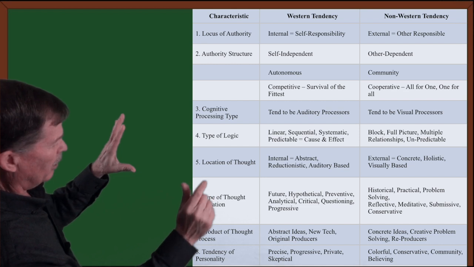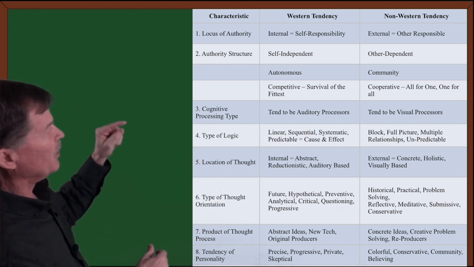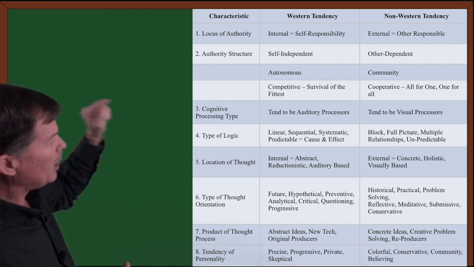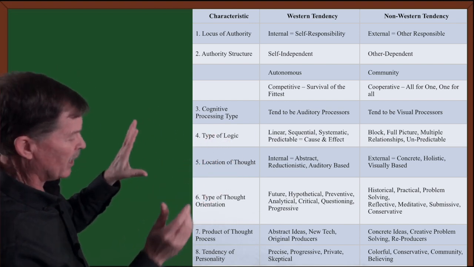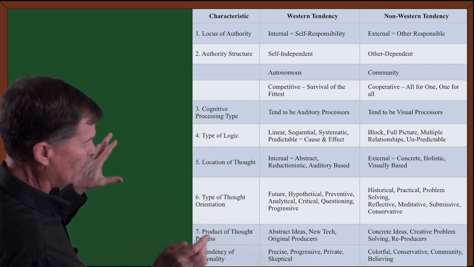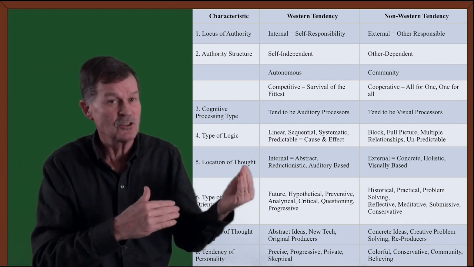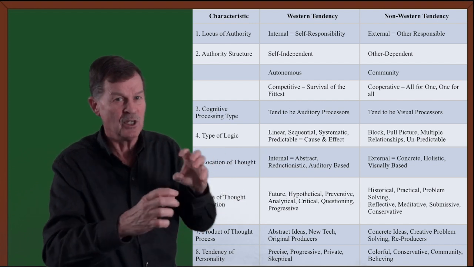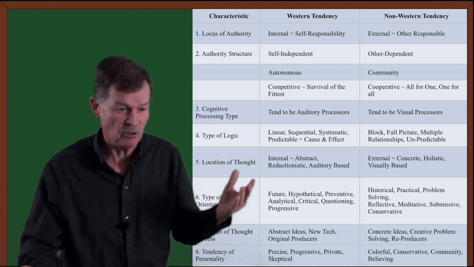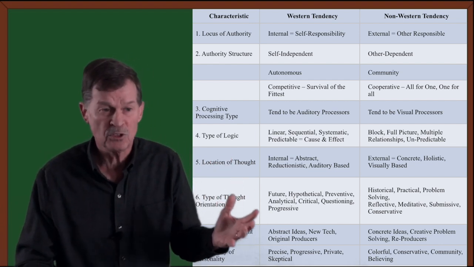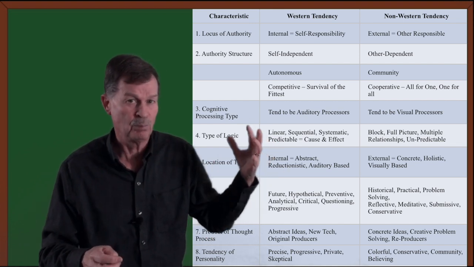Their ideas are not abstract, not taken out of context. Their ideas are very concrete ideas from the context. The ideas are visual. The ideas are creative problem solving. And because they can see things and visualize, they are great reproducers, imitators of what nature produces and also of what technology from other cultures produce.